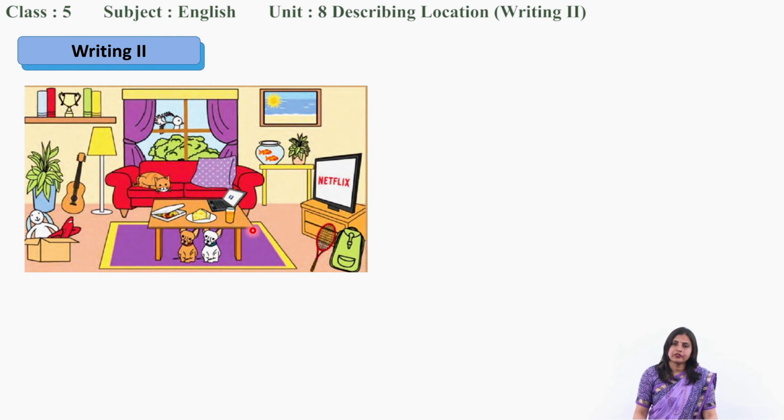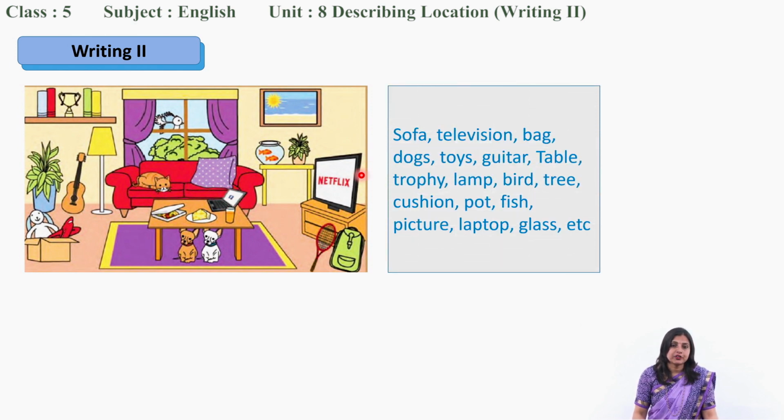Okay, then thereafter, what more things are there? Yes, there are toys also. Here in the box, there are some toys. All right. What other things can you find in the picture? Yes, there is a table. And what are there on the table? Tell me. Glass, laptop. So these are some of the things that are in the picture.